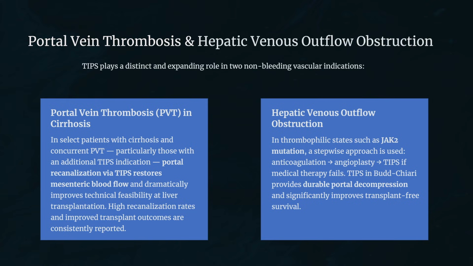In those patients, we typically adopt a stepwise approach: first they're put on anticoagulation, then there's an attempt at angioplasty, and then ultimately TIPS if medical therapy fails. What we've seen is that when TIPS is done for patients with Budd-Chiari syndrome, it not just provides durable decompression of the portal vasculature, but also significantly improves transplant-free survival.